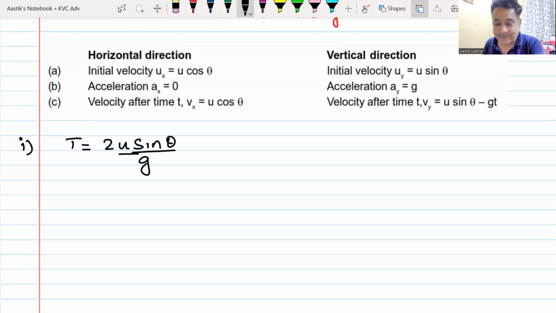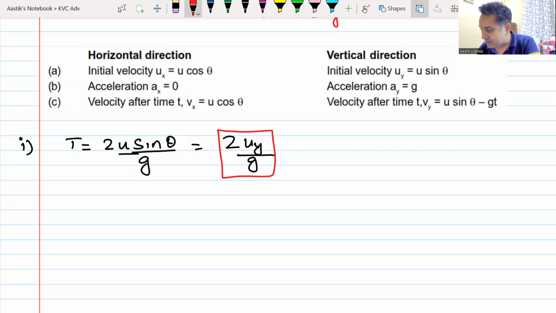I can also write it as 2 times uy by g. Now, as soon as I write it in this particular form, my dear friends, it becomes clear that this time of flight only depends on the vertical component of velocity. Do we understand this? Yes or no?